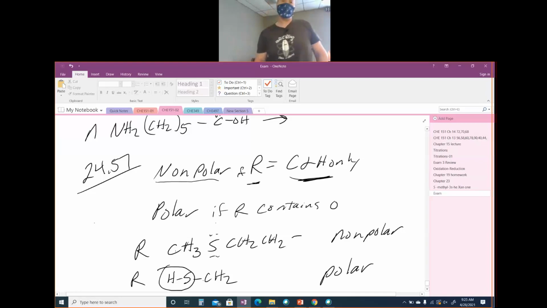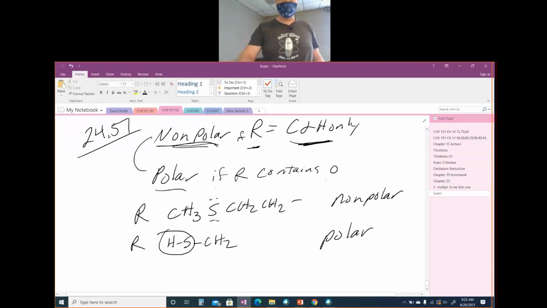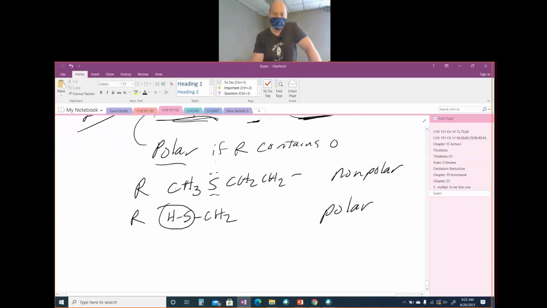So this is going to give you, I forget how many, most, probably 15 out of the 20. You can get whether they're non-polar or polar. If the R group contains O, it's polar. If the R group only contains carbons and hydrogens, then it's non-polar. There were a few exceptions to this, and so here are two of them. So if you have the sulfur between two carbons, that is a non-polar side chain. If you have an SH, that is a polar side chain.